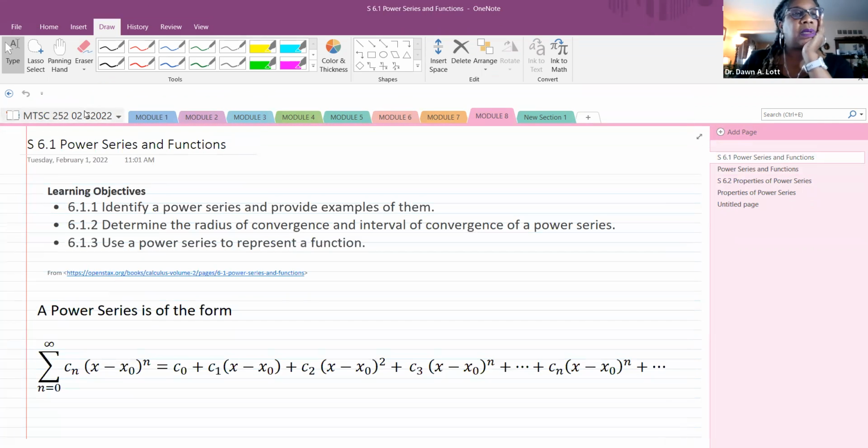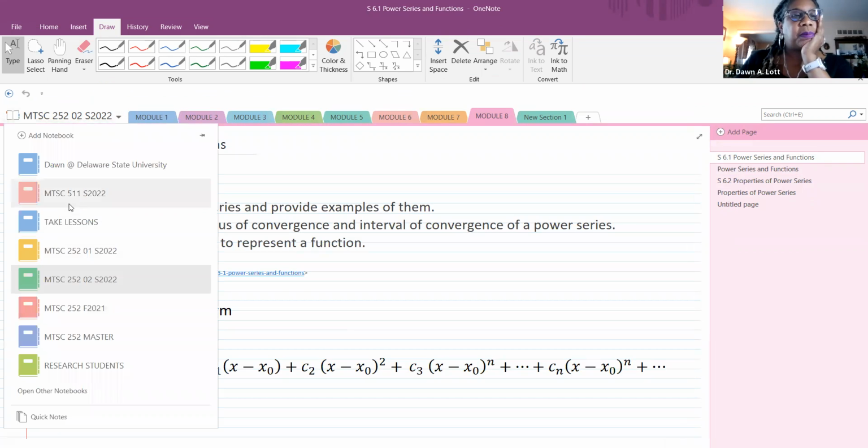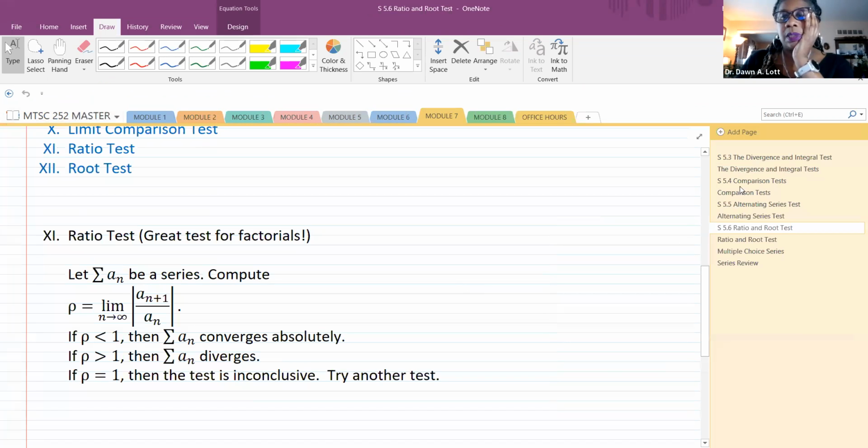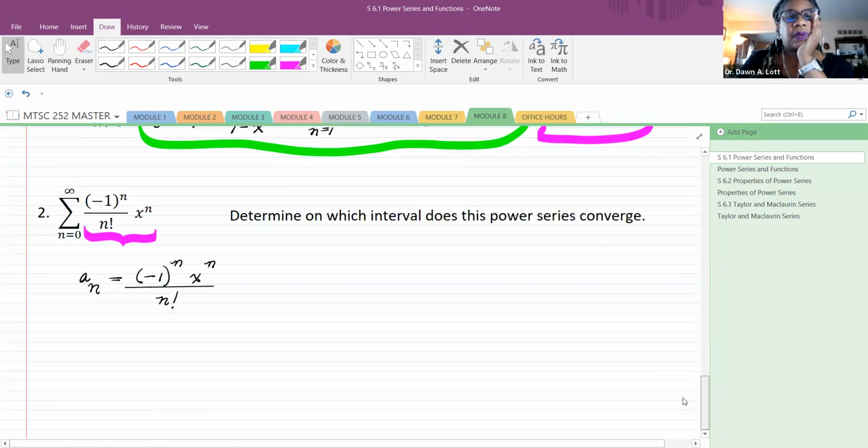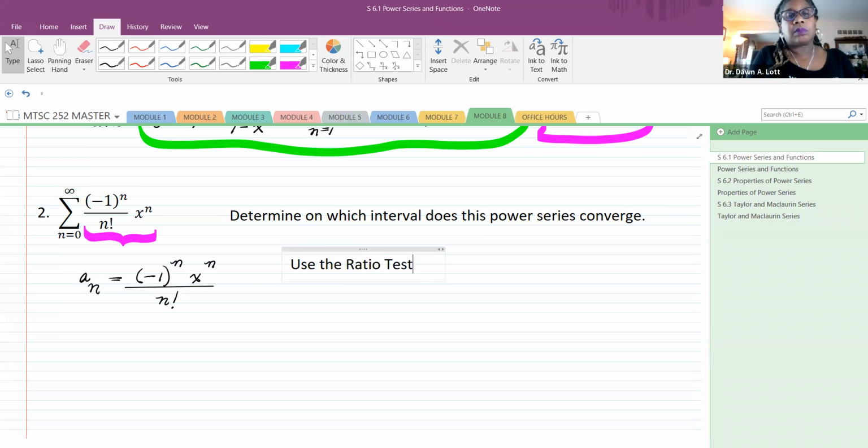Oh, I see what I did. I mixed up my lecture here. So I just have to switch those. That's fine. All right, so we're going to use the ratio test! And we're going to put an exclamation point because we're excited about it.